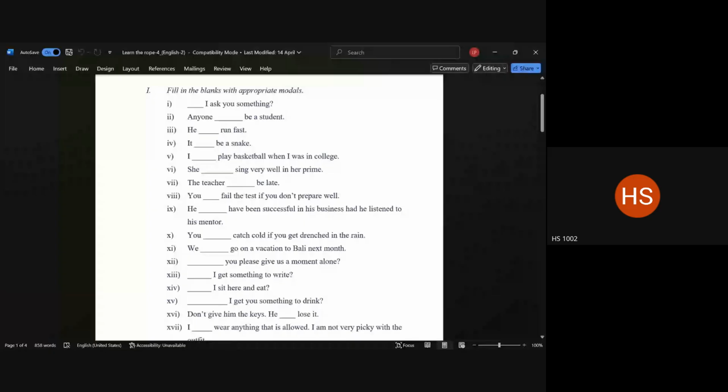You could treat this as a prediction statement: the teacher will be late. But prediction statements with will usually don't qualify as modal verb expressions. So if you're using will as a modal verb, what are the various expressions that are possible? Future action? No, future action is when you are encoding it as a tense.